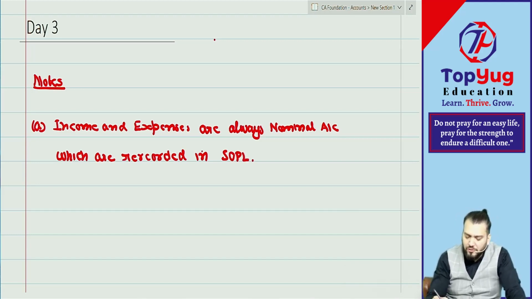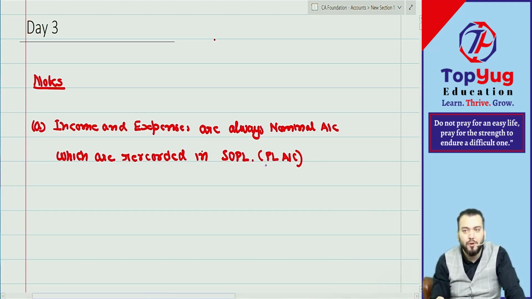Correct. We also call it profit and loss account. So profit and loss account and statement of PL are the same thing. You can use statement of profit and loss, SOPL, or write it in full if you want. First note you have understood.